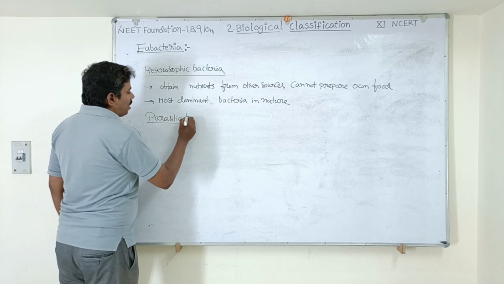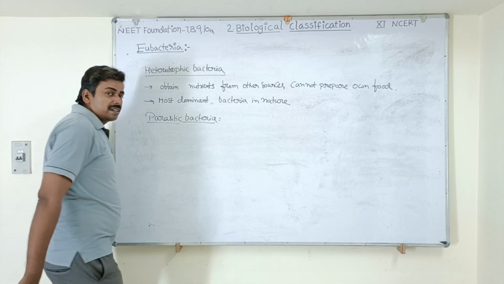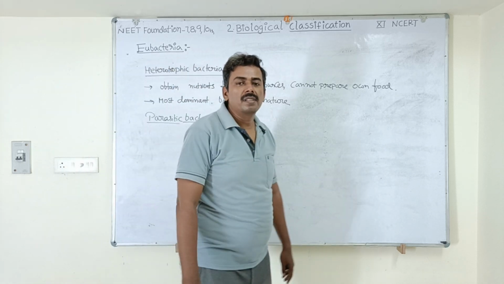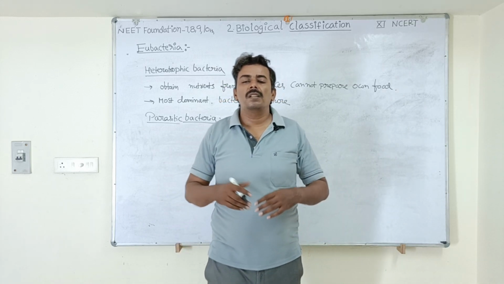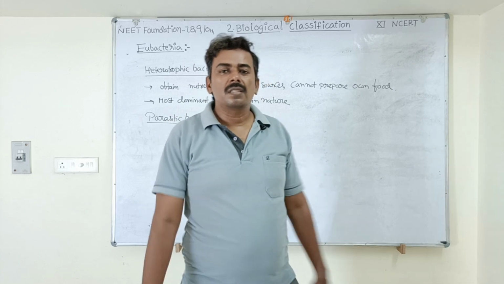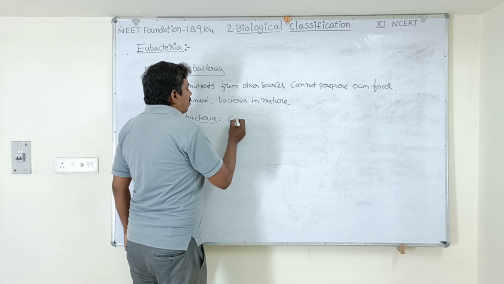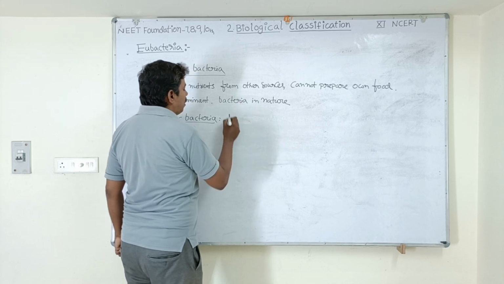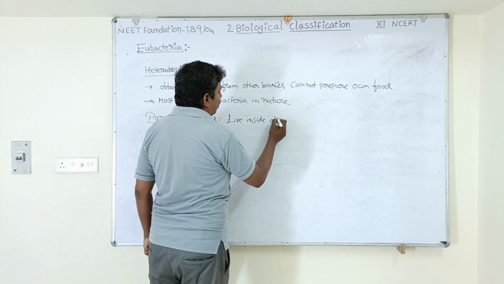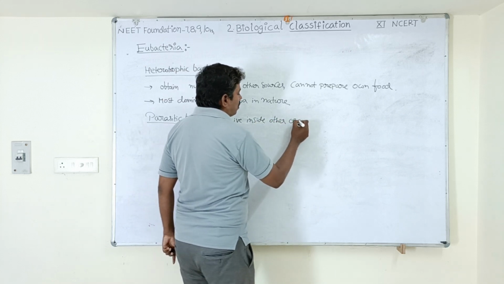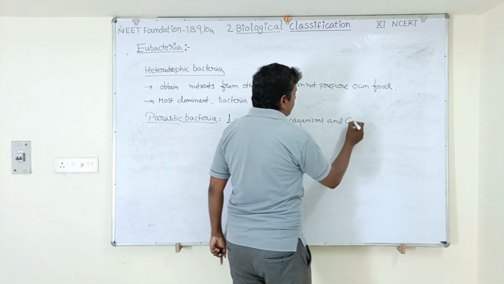Parasitic bacteria are those heterotrophic bacteria that live inside the body of other organisms. They can live inside human beings, animals as well as plants, and they cause a number of diseases. So parasitic bacteria live inside other organisms and cause diseases.